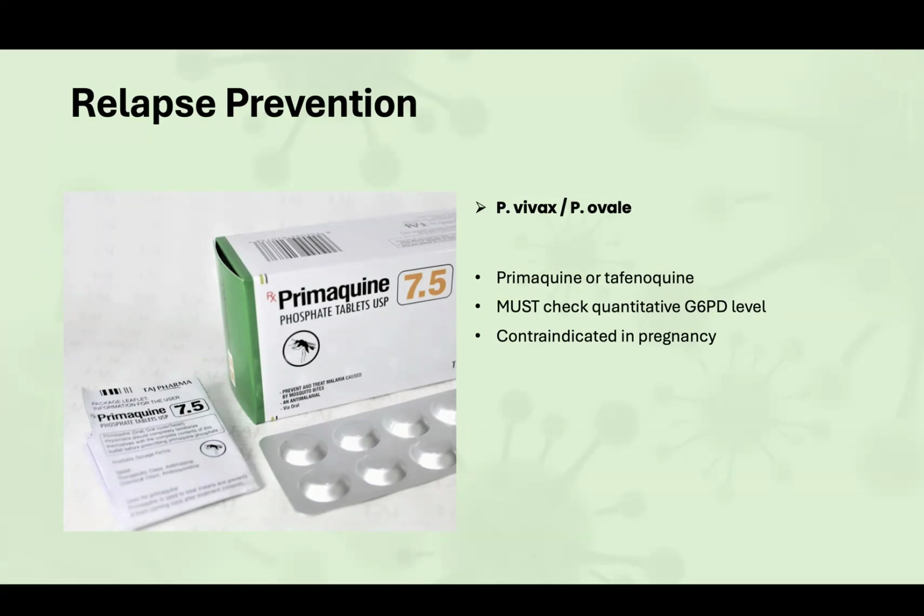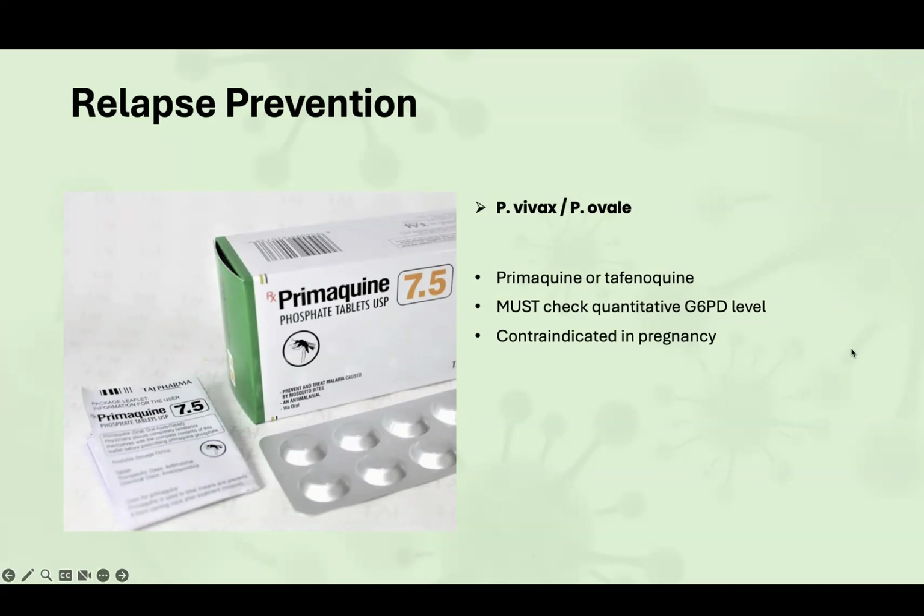So primaquine and tafenoquine are required to eradicate hypnozoites, but both can cause hemolysis in patients with G6PD deficiency. So a quantitative G6PD level must be checked before prescribing these medications. Tafenoquine is a single dose, but there are strict criteria to give the medication, and pregnancy is a contraindication to this medication.